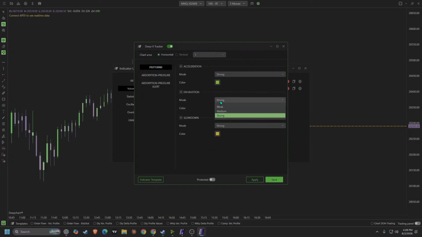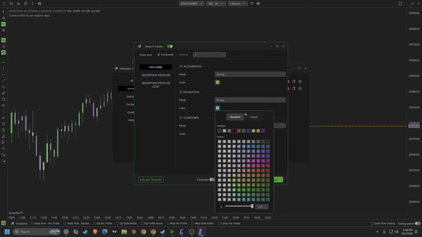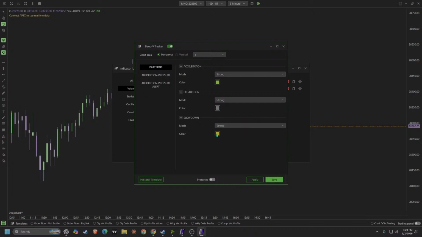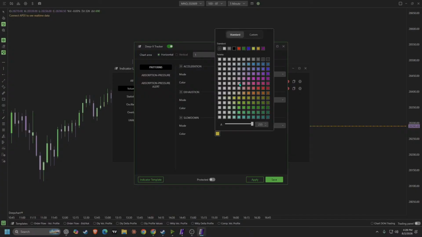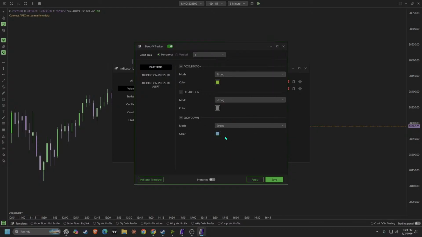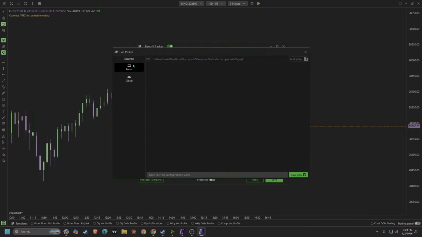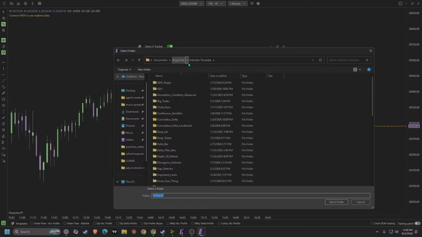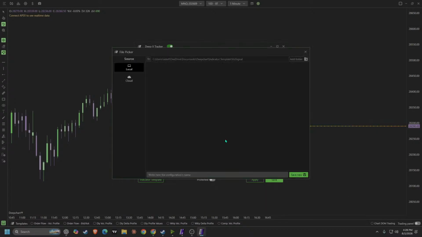And when it exhausts, I want it to give me no color, like gray. And when it slows down, that's like consolidation, I want to give it a blue and neutral color. We'll save. Call this deep V default.